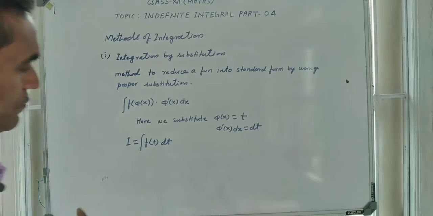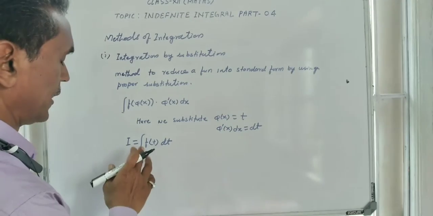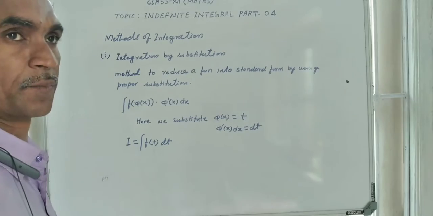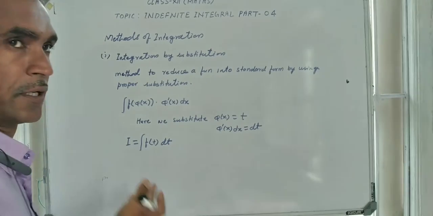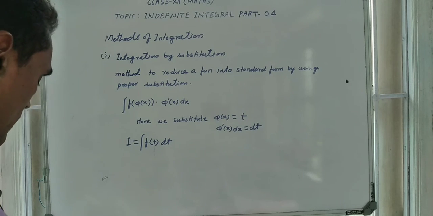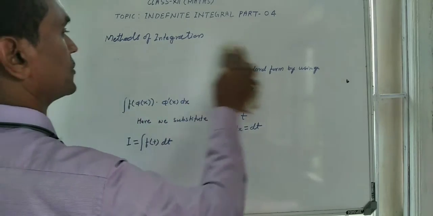So now the function became standard form. So f is a function of t, and we have to integrate this with respect to t. So here we can apply all the standard formulas, and we will find the integral. Now next, one by one, we will learn how to apply these methods of substitution.